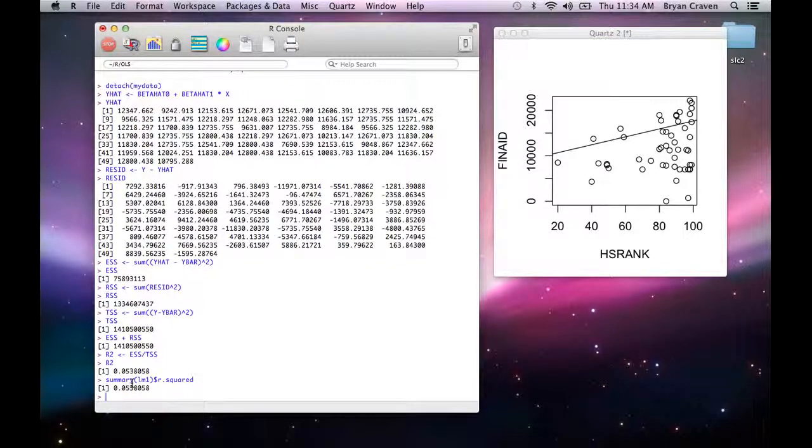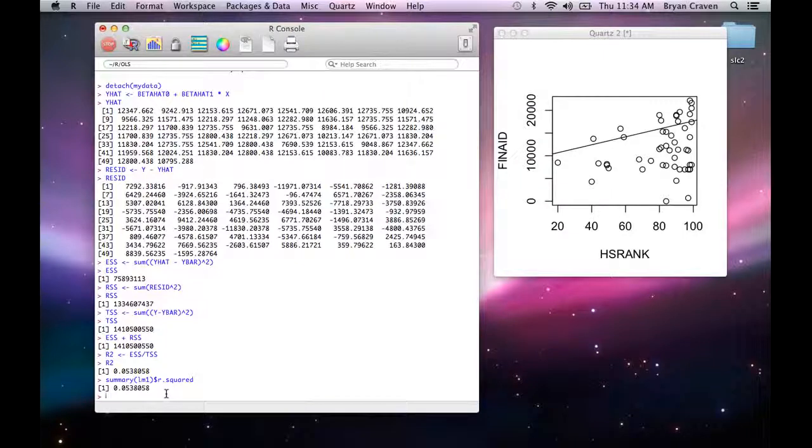Excellent. So it just pulled the r squared data out of that summary, and we see that it matches up with the one that we calculated, which is great. And again, as you may have noticed, the r squared is rather low. This was from our first estimated regression line, and it's not fitting the sample data very well.